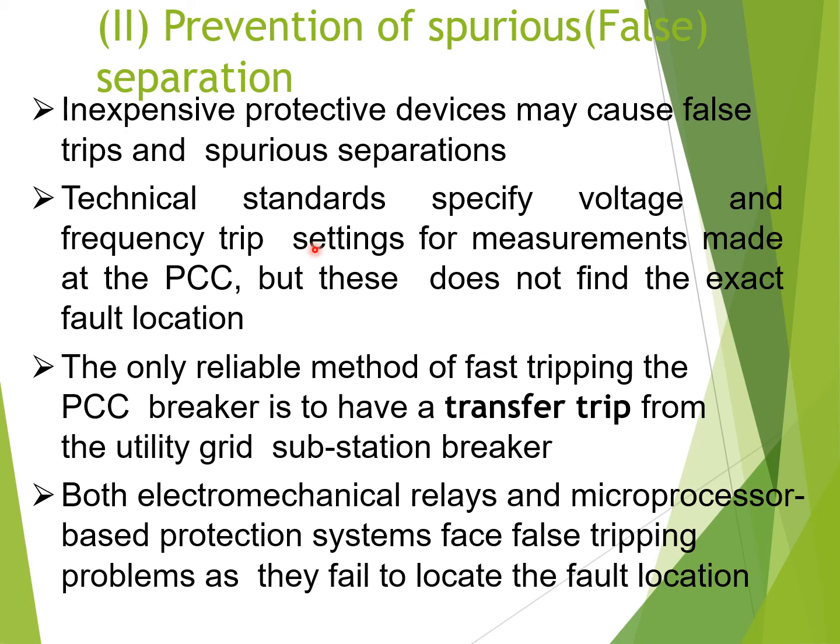So the only reliable method of fast tripping the PCC breaker is to have a transfer trip from the utility grid substation breaker. Both electromechanical relays and microprocessor based protection systems face fault tripping problems as they fail to locate the exact fault location.